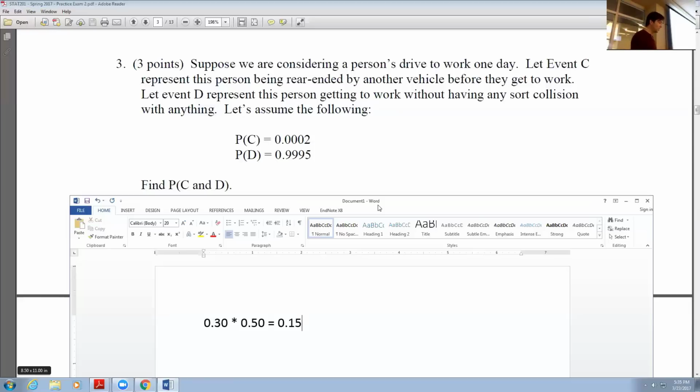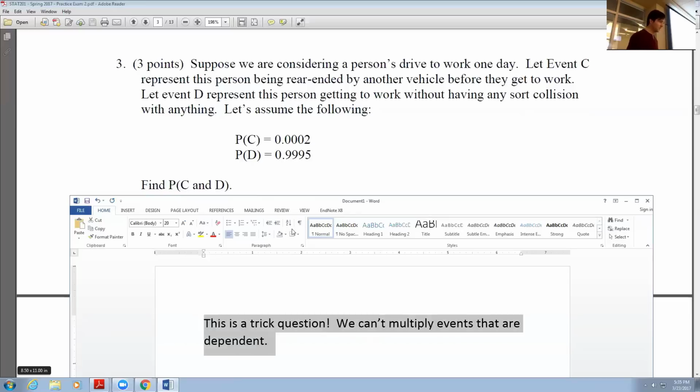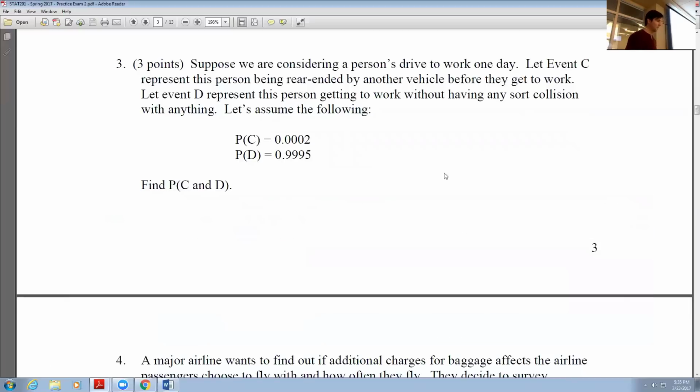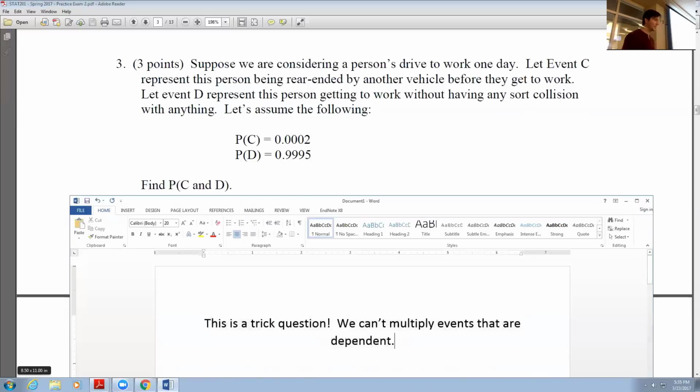So the answer to this question is, this is a trick question. We can't multiply events that are dependent. That is what is going on right here. Does that make sense to everybody? Questions, anything?